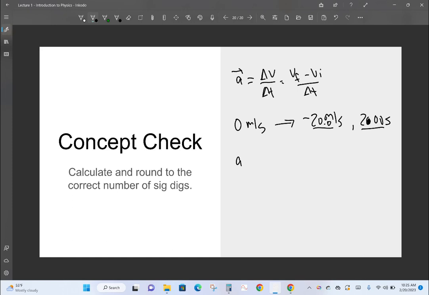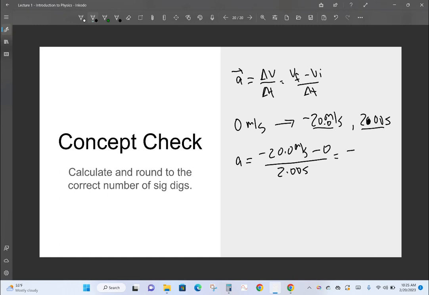So when I plug in my numbers, the rule is that you always round using whatever the last operation you did. So in this particular example, I'm not going to round at all until I divide by time. So this is going to be final velocity is negative 20.0 meters per second minus 0 all over 2.00 seconds.